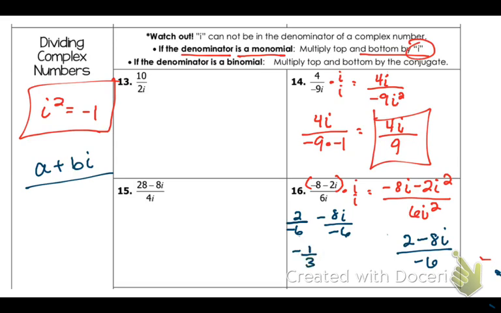And then I'm going to end up having the plus. We're going to have 2 going into both top and bottom, which means that your final answer, once you rewrite it, will be negative 1 plus, negative 1 plus 4i over 3.